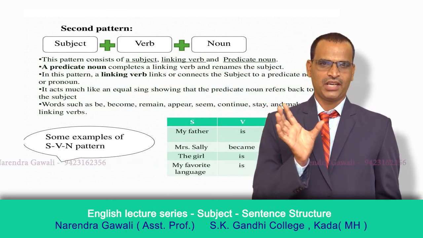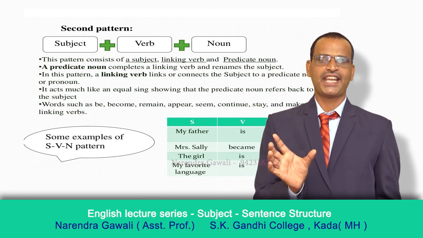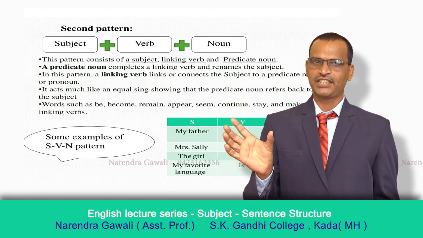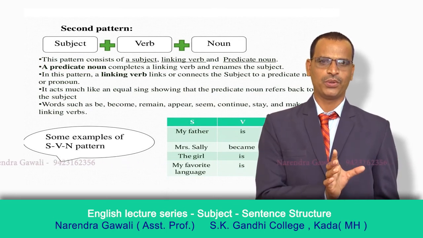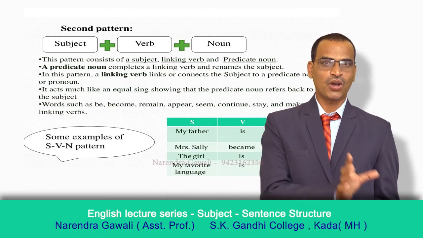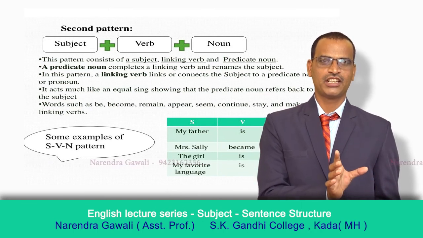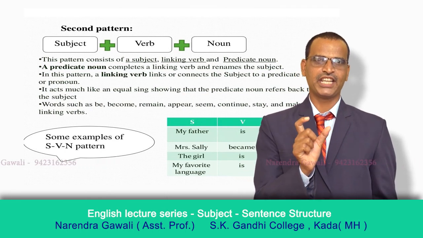So what is this verb? Is is a linking verb. It is connecting my father to a lawyer, that is subject to noun. That's why it is called a linking verb. What is my father? A lawyer. Who is lawyer? My father. So that's why this verb is a linking verb.